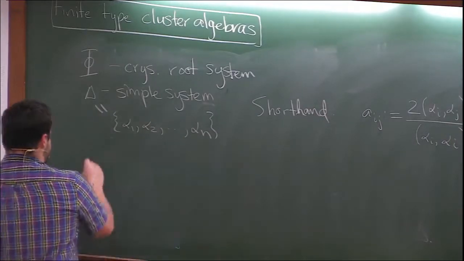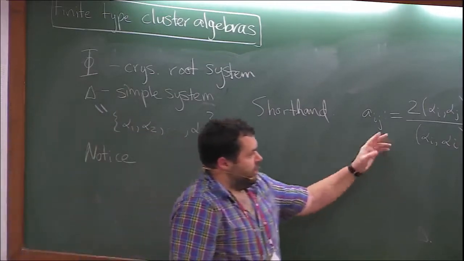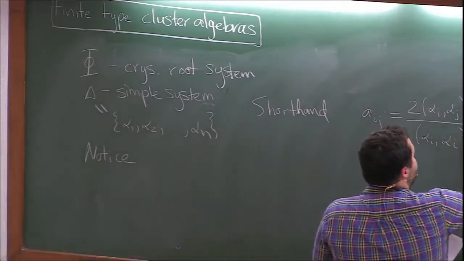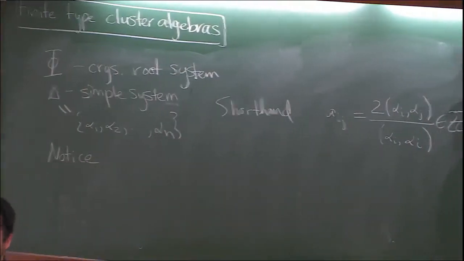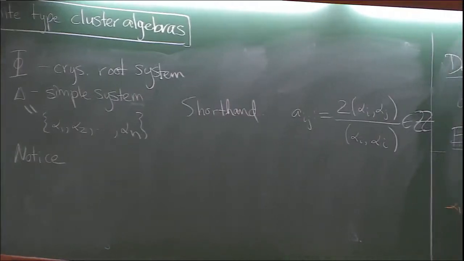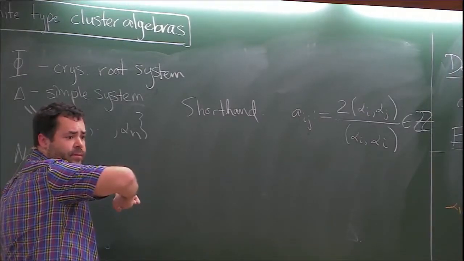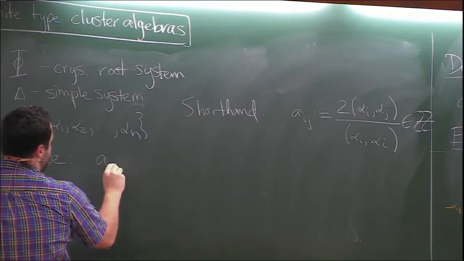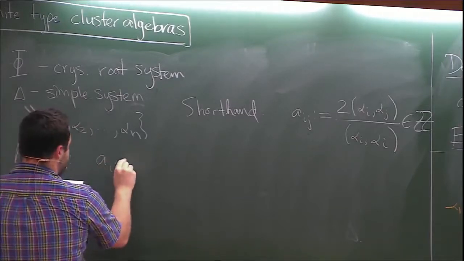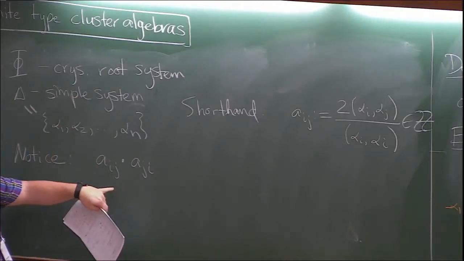We should notice that this crystallographic condition is telling me that all of these have to be integers. And if I have two integers and I multiply them, I still get an integer. So the product of any two of these such numbers is still going to be an integer. So A sub ij times A sub ji is going to be an integer.